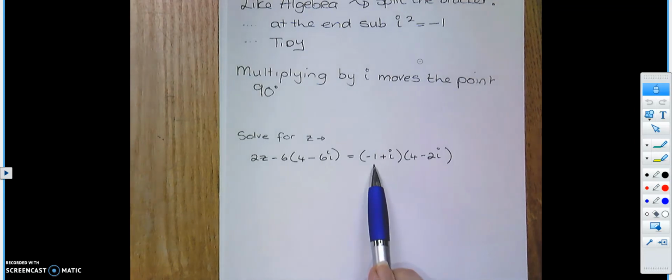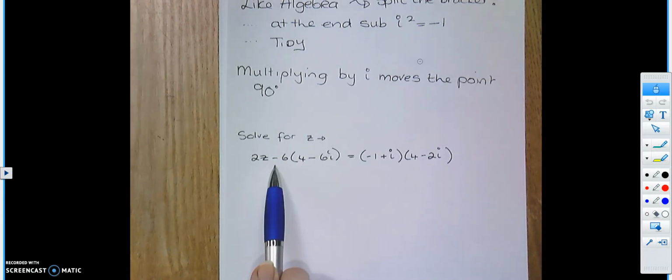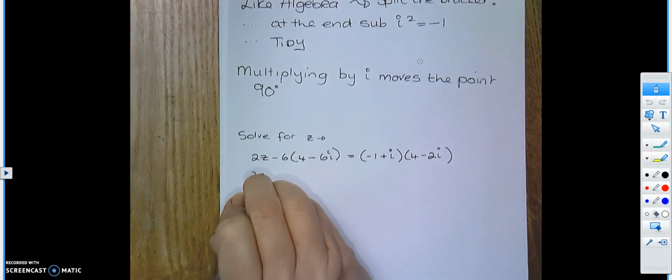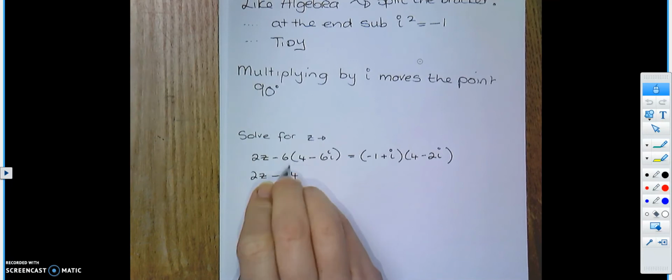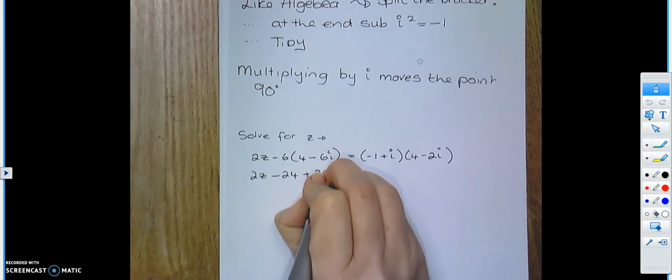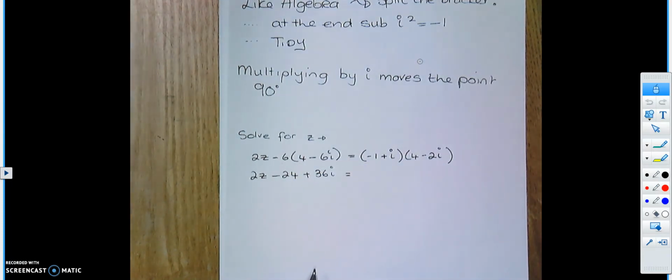What you have to do here is these two brackets are totally multiplying each other, and this bracket is being multiplied by a -6. Okay, so if we started off, our 2z, nothing has happened to 2z, so you just write that down. -6 by 4 gives you -24. Minus by minus gives you a plus 36i. Write your equal sign down underneath where the equal sign was.